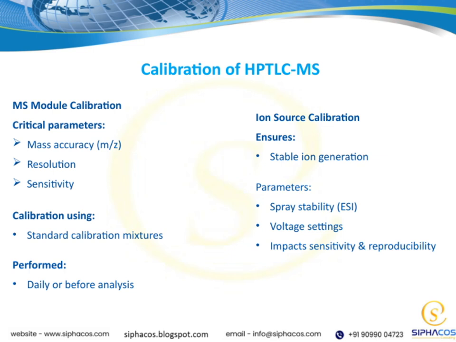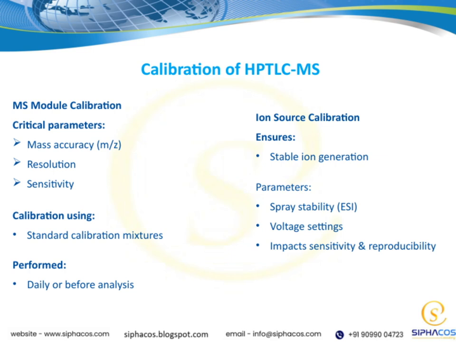Moving on to MS module calibration, this is all about fine-tuning the instrument's critical parameters. Mass accuracy, which is how precisely we measure the m/z ratio, is fundamental. Resolution, or the ability to distinguish between close m/z values, is also vital. And, of course, sensitivity, or how well the instrument detects low concentrations, plays a big role in our overall performance.